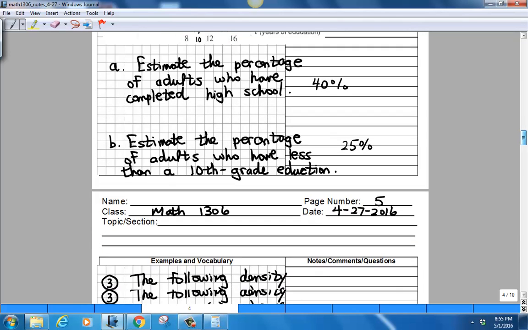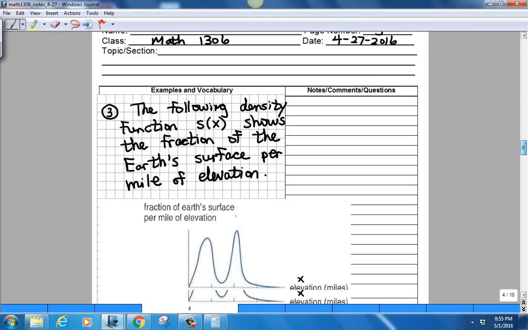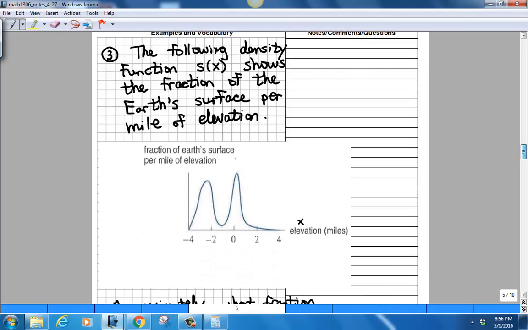Let's try another example. Here's a density function called S. This one's kind of interesting because in this case our population is not a population of persons. It's not even a population of objects, actually. What the total area underneath this curve represents is 100% of the Earth's surface.